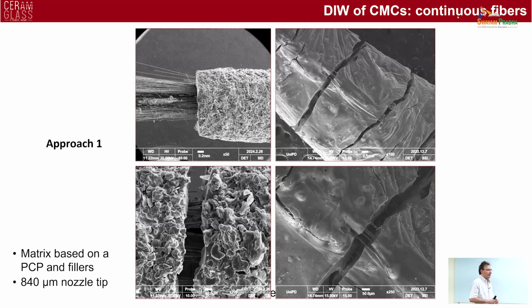So what people do is that they subject the part to a PIP cycle, polymer infiltration and pyrolysis. So they infiltrate again the matrix with the same pre-ceramic polymer. They pyrolyze it again. In this way, they start healing the cracks.